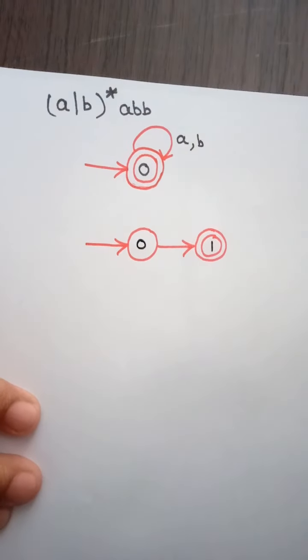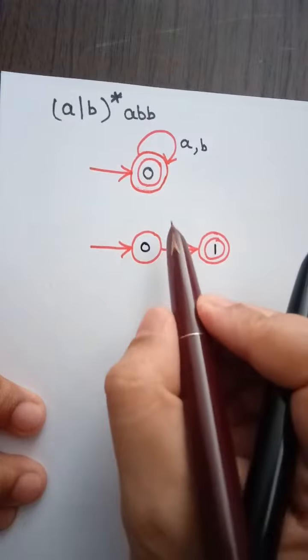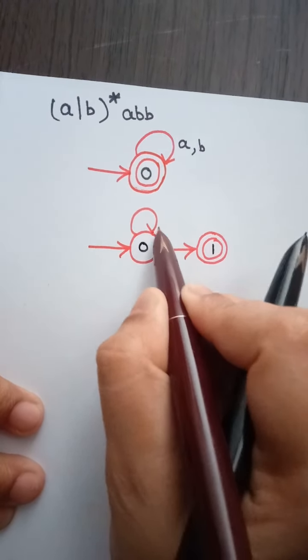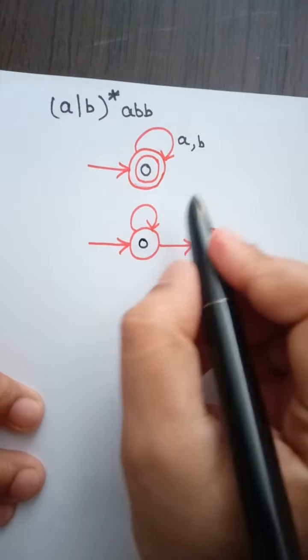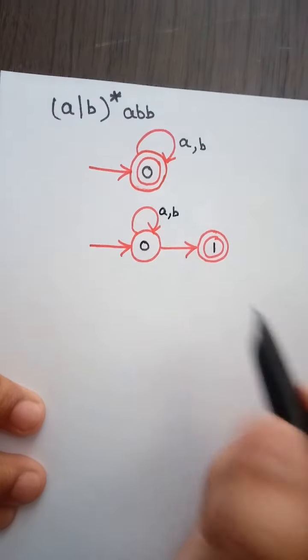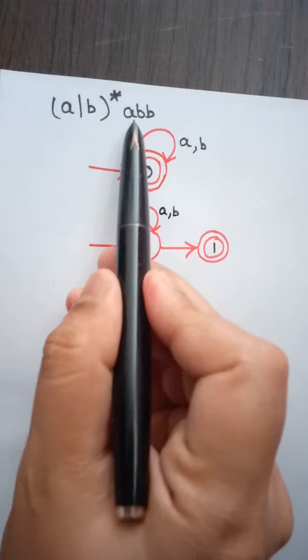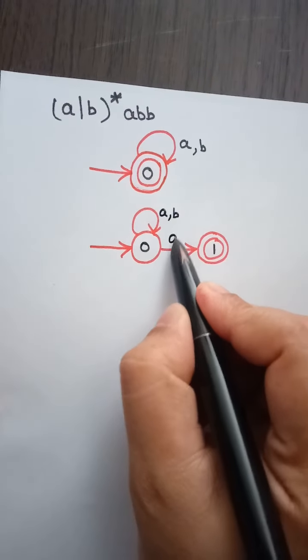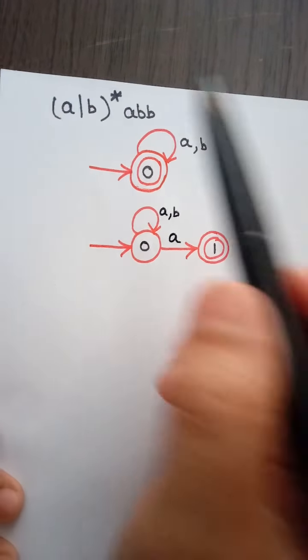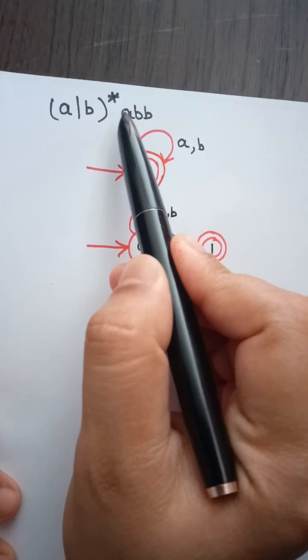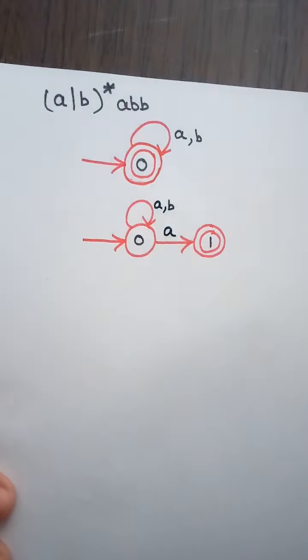On state 0 we already have a self loop, that is a, b, and now from 0 to 1 a transition takes place for the input a, which is concatenation. Again we have the next input, which is b, concatenated with this one.